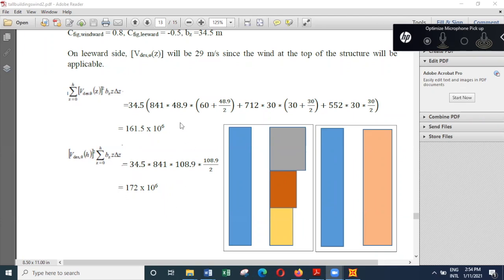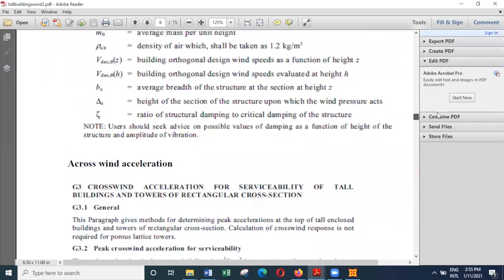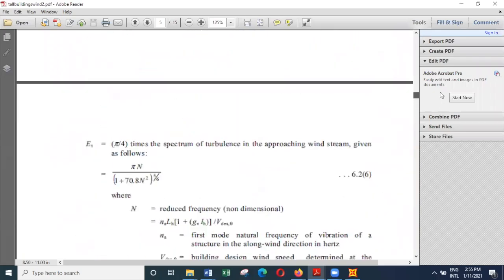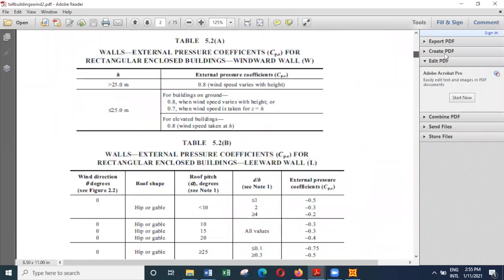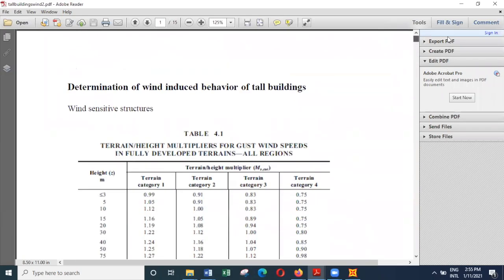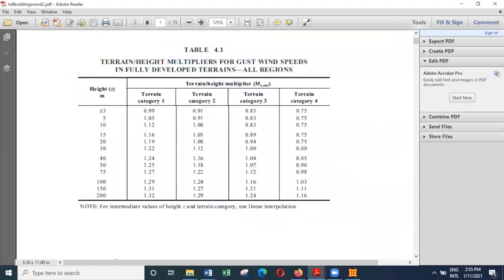So here you can see we can easily calculate these values when we consider the average values over 3 regions, and if the building height is more, you can even consider 4 regions. But if you look at this function, you can see it does not vary much as you go up.